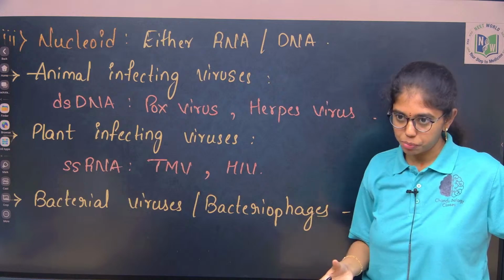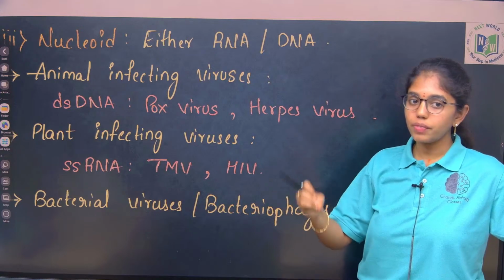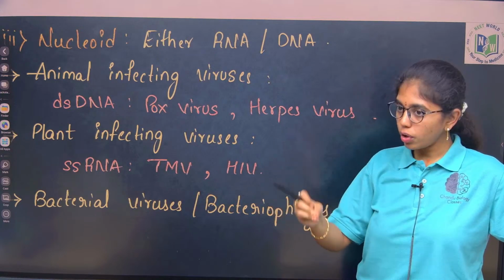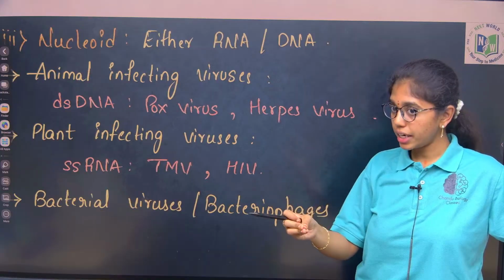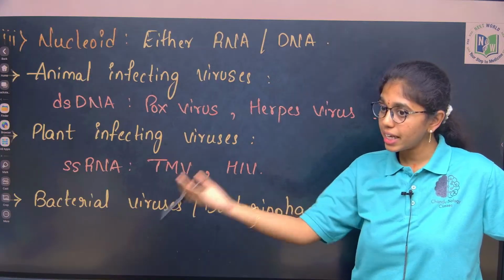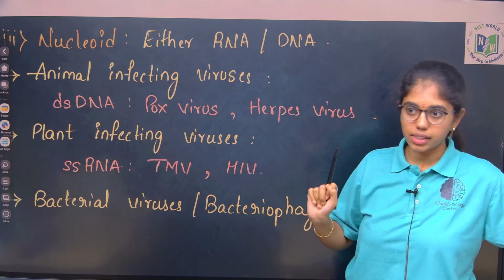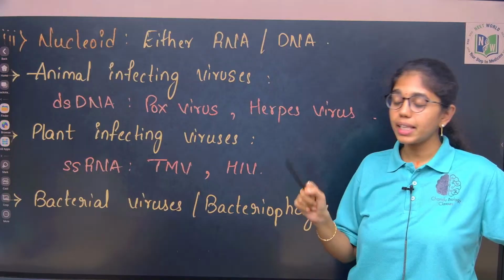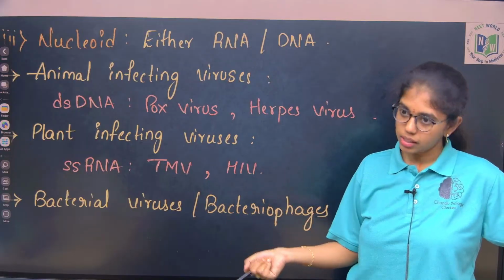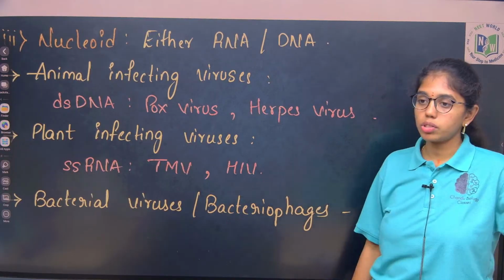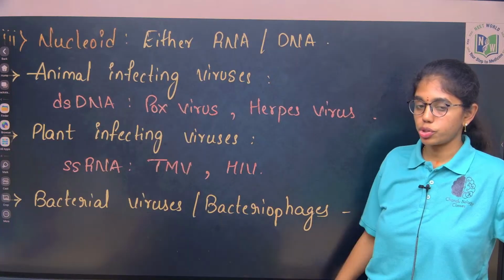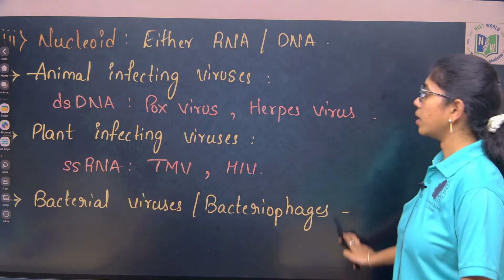There are some exceptions. In molecular biology, we have learnt that in few organisms, RNA is the genetic material and they will synthesize DNA from RNA. That process is called reverse transcription, by the enzyme reverse transcriptase. So HIV belongs to that example. We can add on that example to that. Okay, good.